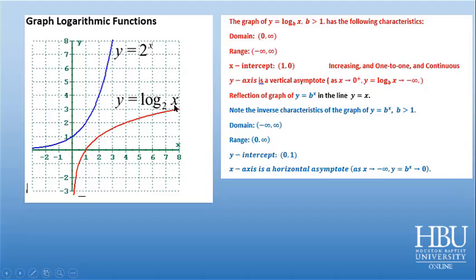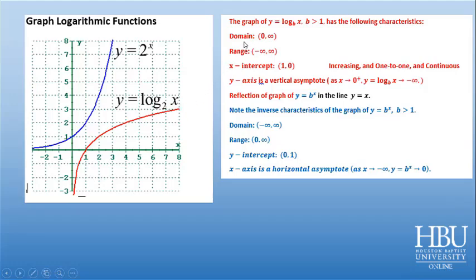If x were 1/8, the logarithm of 1/8 to base 2 is -3 because 2 to the -3 is 1/8. So you can see as x approaches 0, the y value, the logarithm of x to base 2, is approaching minus infinity.